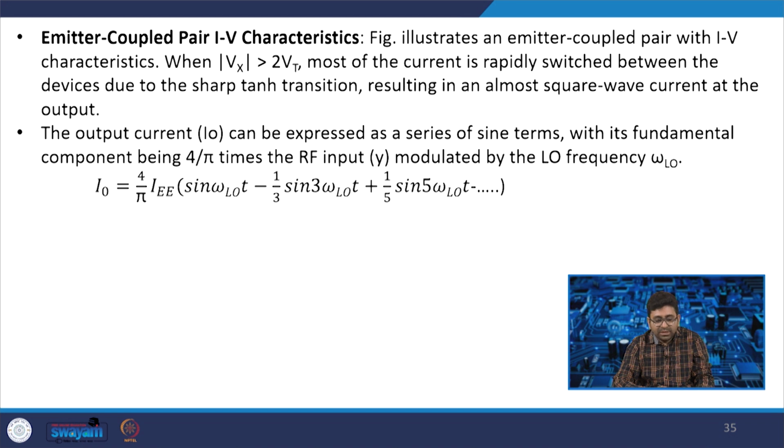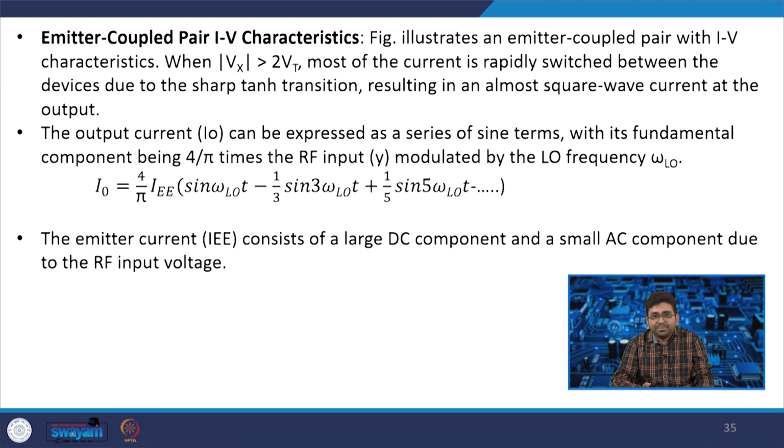So, this is the IO current that we have seen, 4 by pi IEE sin omega LO minus 1 by 3 sin 3 omega LO plus 1 by 5 sin 5 omega LO. There we have considered cos, here you can consider sin as well, and your emitter current consists of a DC component and a small AC component.